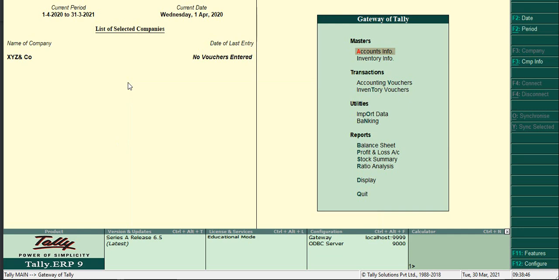We are purchasing goods from XYZ. So will XYZ be a sundry debtor or sundry creditor? Sundry creditor, sir.